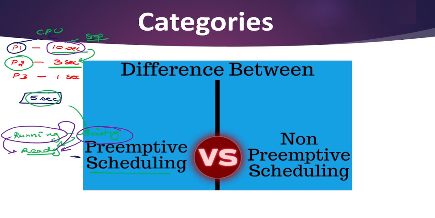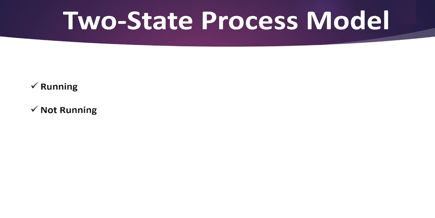So this is the difference between preemptive and non-preemptive scheduling. I hope everything is clear. In the next session we will cover preemptive and non-preemptive MCQ questions or numerical questions for your examination.